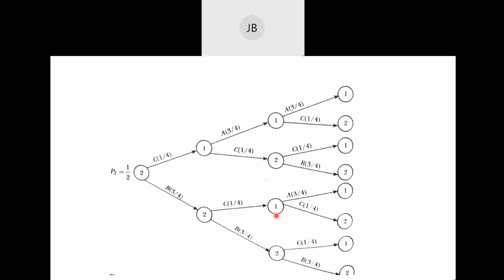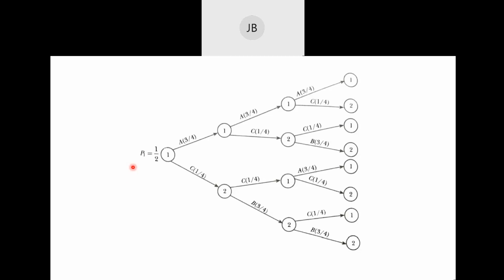So you can write a state diagram when you want to find the G2 values. From state 1, either symbol A or symbol C is generated, with the following probabilities. When state 1 generates symbol C, it goes to state 2.